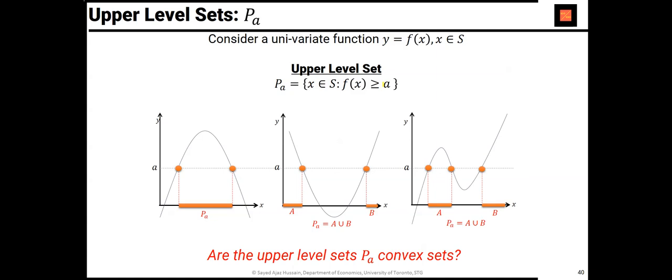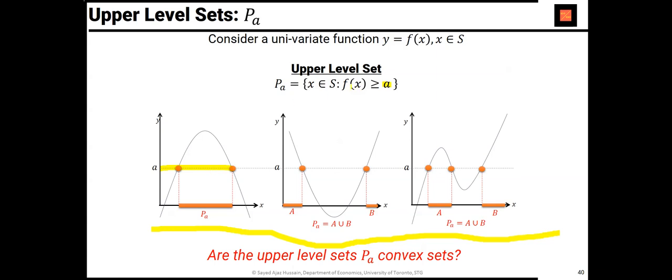So what you do is pick a value a, any number. I could pick something here, and ask myself, for which values of x is the function above this yellow line? Well, none. What if I pick this value of a?